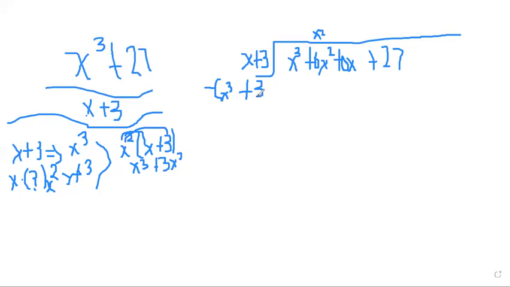Like we always do when we do long division, just like grade school, we just identify that. So the negative to x cubed will give me a negative x cubed. Negative to 3x squared will give me a negative 3x squared.